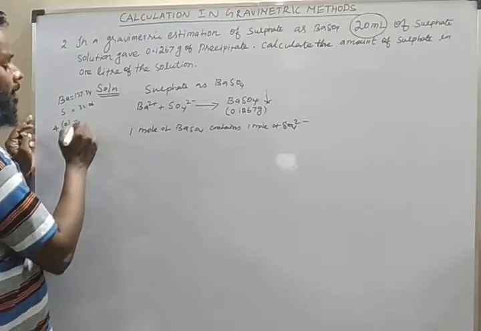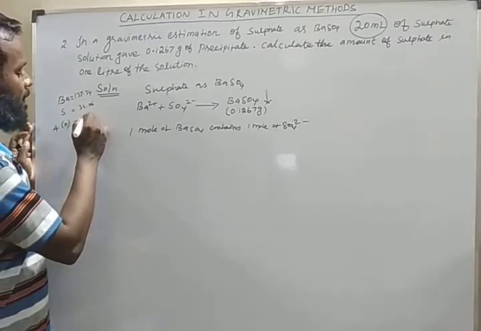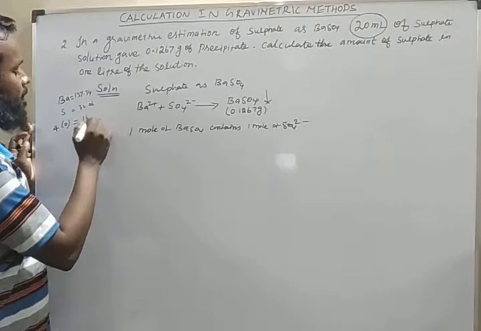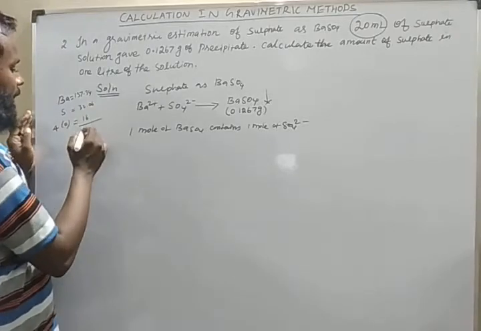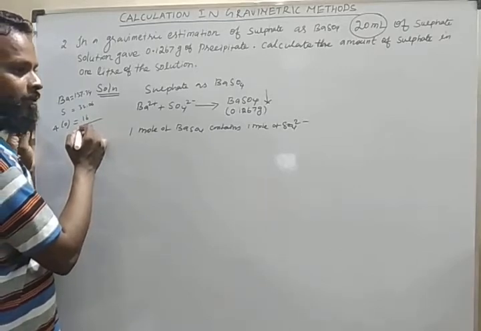Each oxygen has an atomic mass equal to 16. If we add this, we get 233.4 gram.